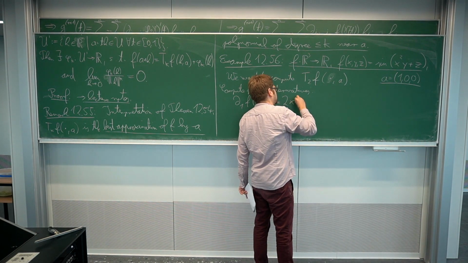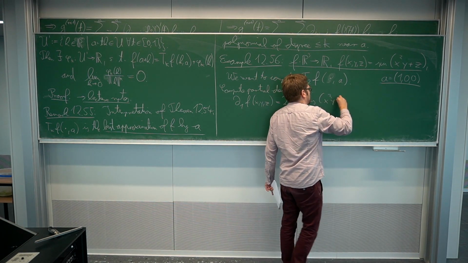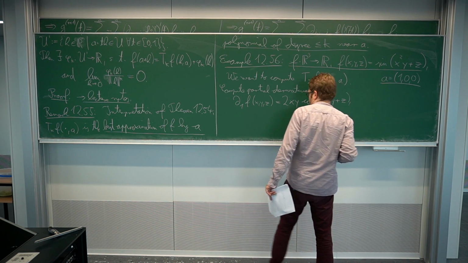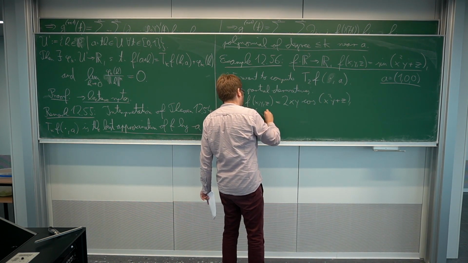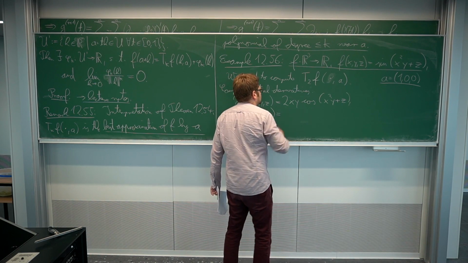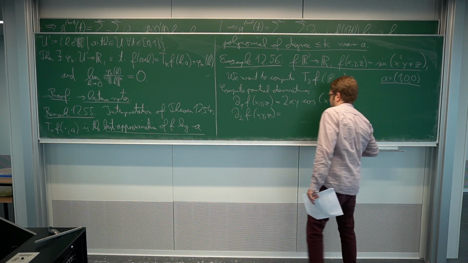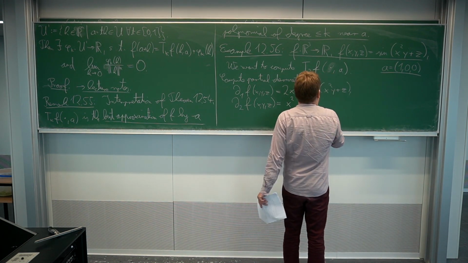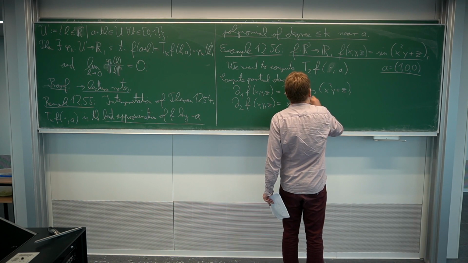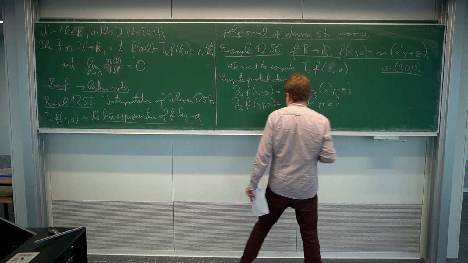So we get 2xy times the cosine of x squared y plus z. d2 f of x, y, z: deriving this by y, this time x squared is treated as a constant, so this is the derivative of the inside, x squared, times the cosine of x squared y plus z.